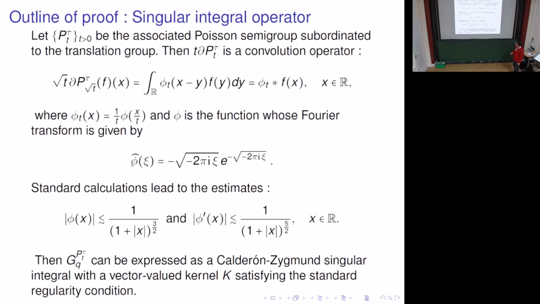I don't see that the kernel is vector-valued. Now you have to take the epsilon. Yeah, but phi itself is just normal.